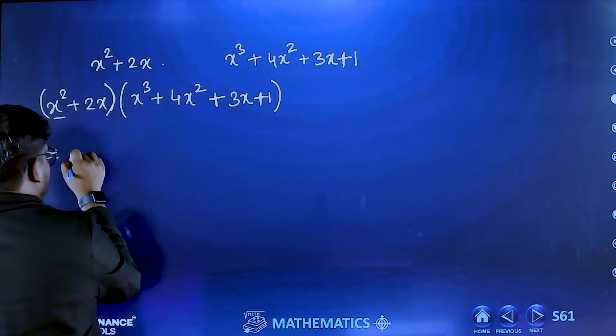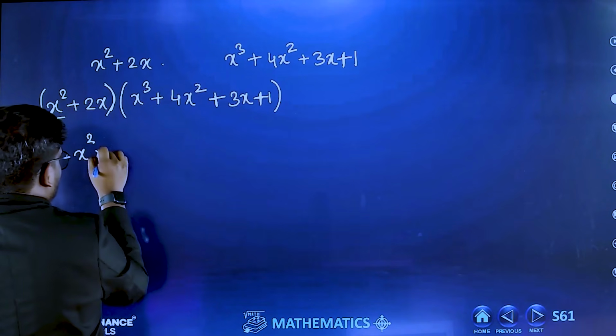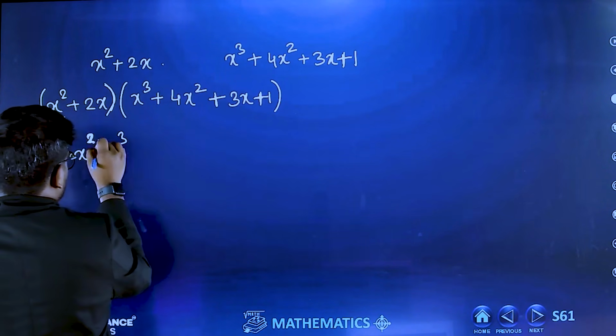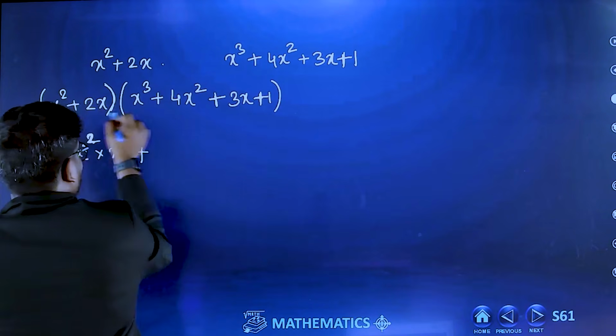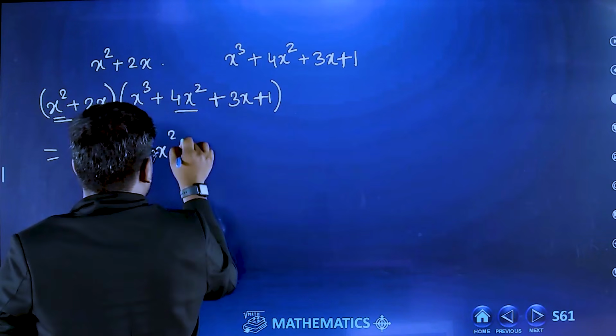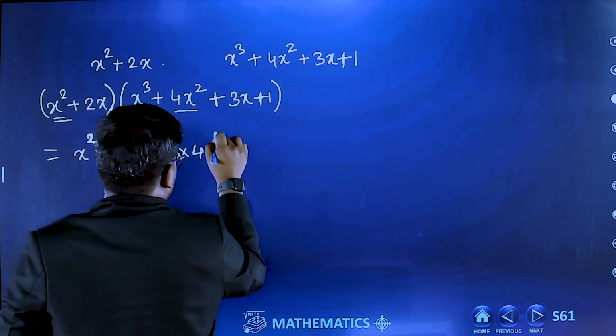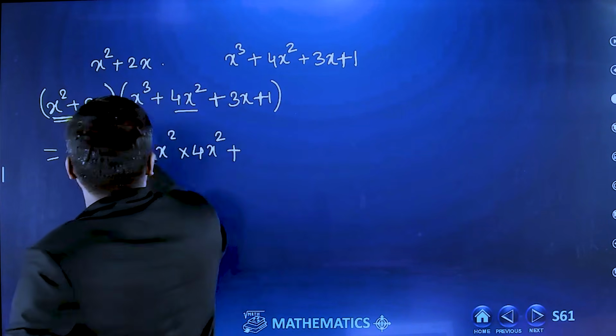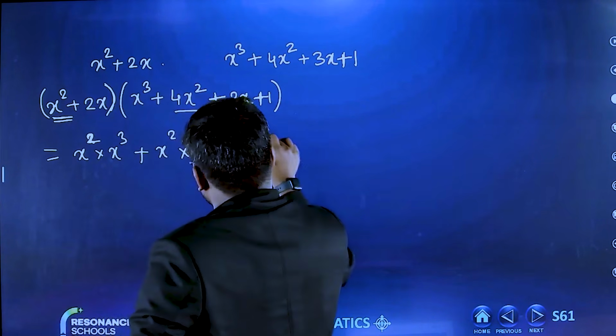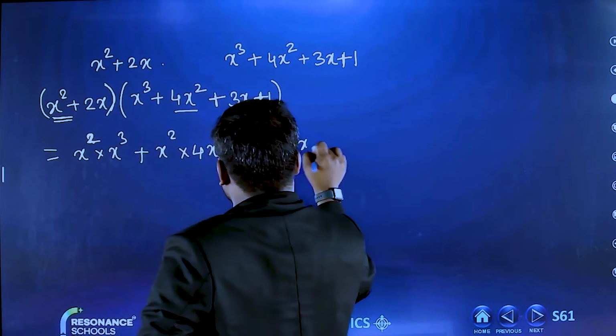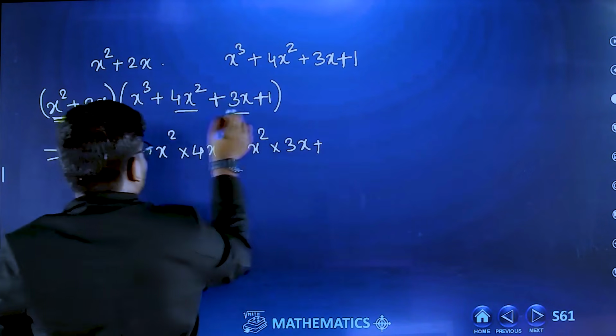Firstly, x square into x cube plus x square into 4x square, x square into 3x plus x square into 1.